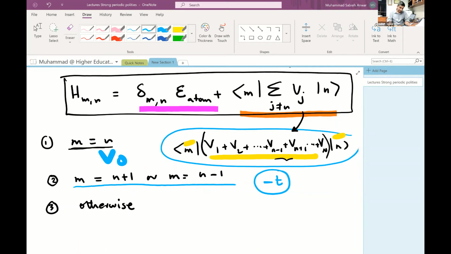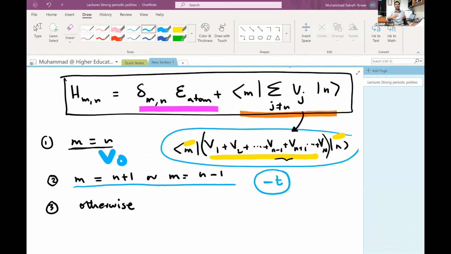Otherwise, in all other terms in which m and n are separated by 2 units or more, no such hops are possible. No matter how many nuclei there are, their interactions do not cause any possibility of hops beyond the immediate neighbor.